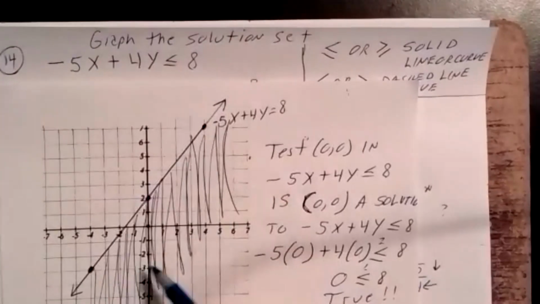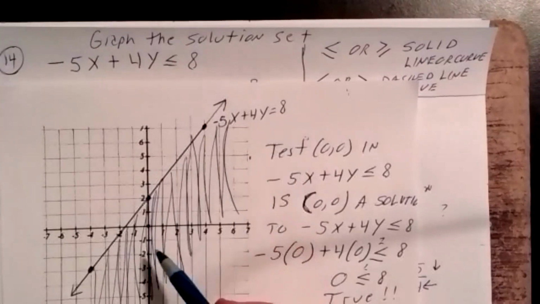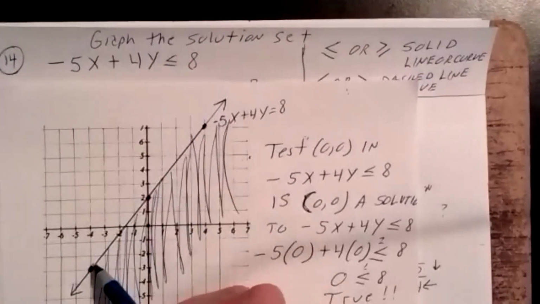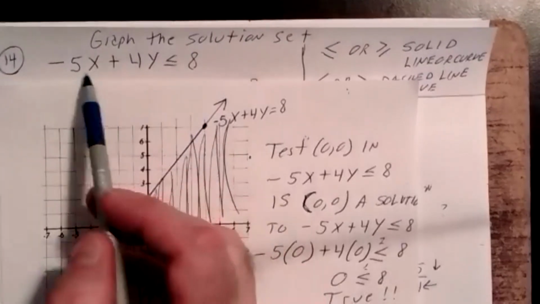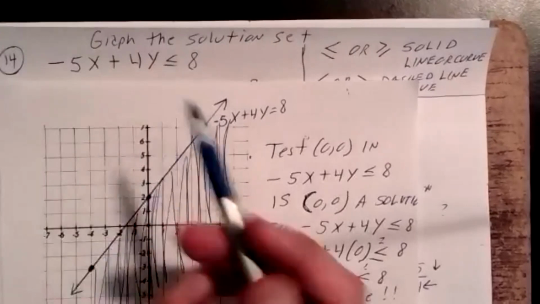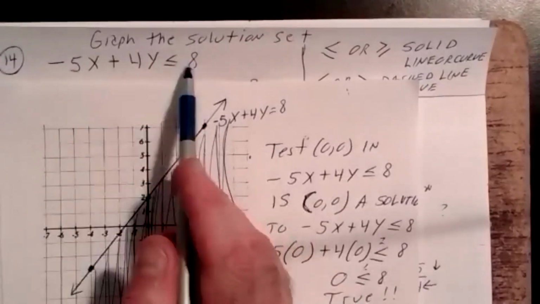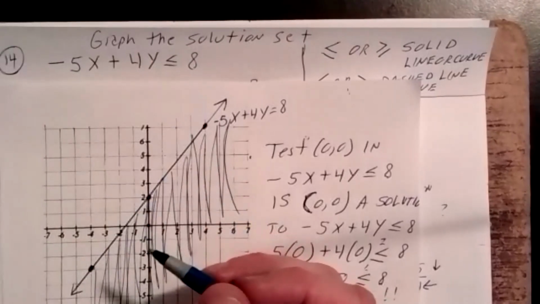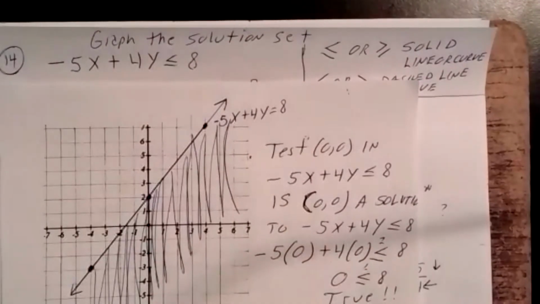Any point or ordered pair that lies in the shaded region, and there's an infinite number of them, would be a solution to this inequality. Or any point that lies on this line, since it's a solid line, would also be a solution. Any point that lies in this plane above and to the left of the line would not be a solution to this inequality.